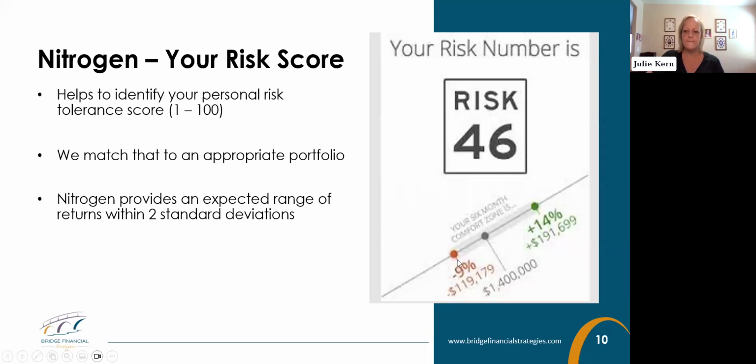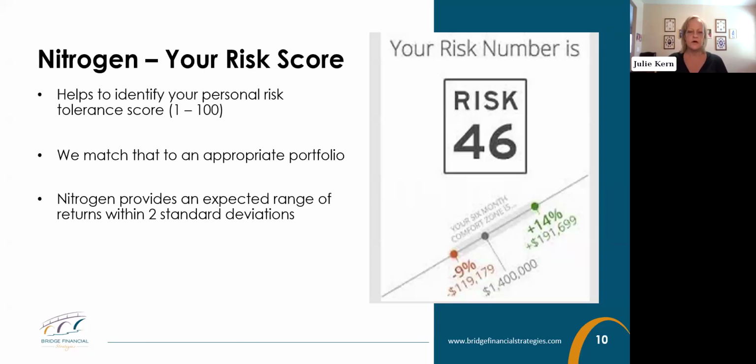So in this case, the range for this portfolio, and Nitrogen uses a 6-month time frame. So in any 6-month period, this portfolio could be expected to fall anywhere between a negative 9% and a positive 14%.